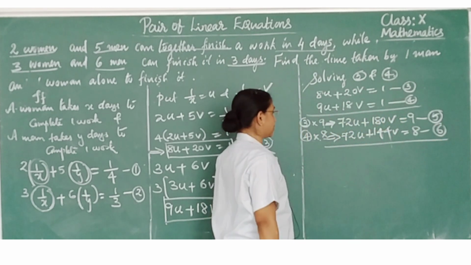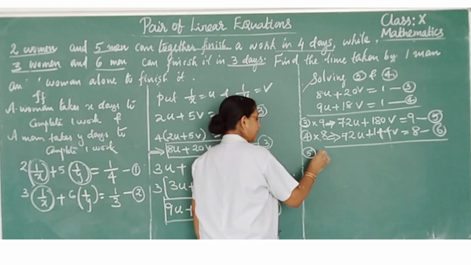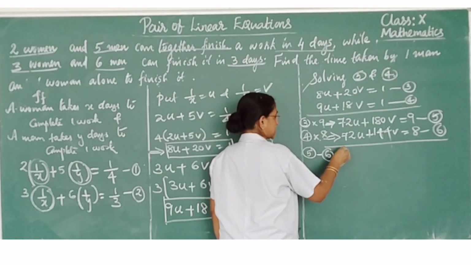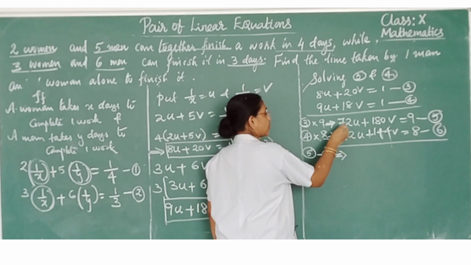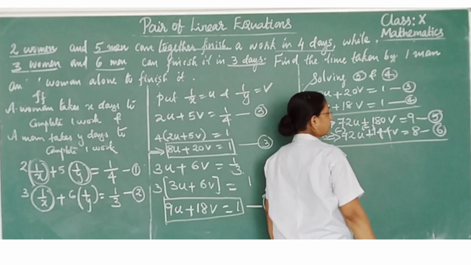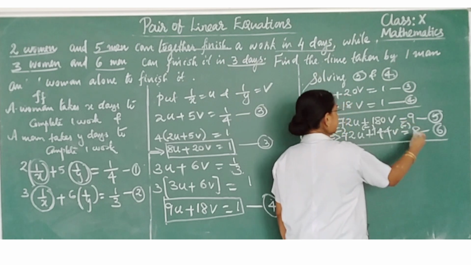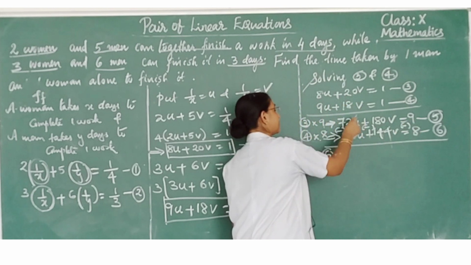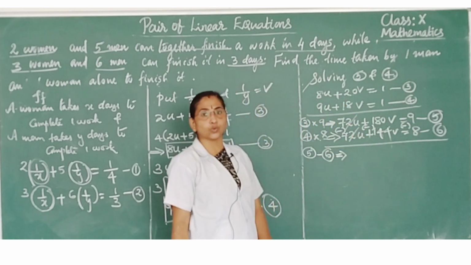Solving 5 and 6, you get. Equation 5 subtracting with equation 6 we get. This plus 72 becomes minus 72. Plus 144 becomes minus 144. Plus 8 becomes minus 8. So that plus 72u minus 72u get cancelled.